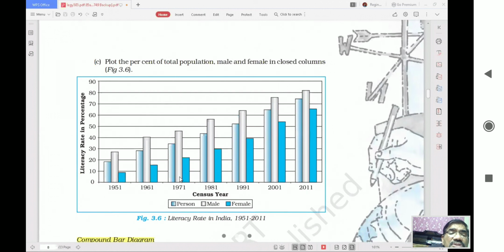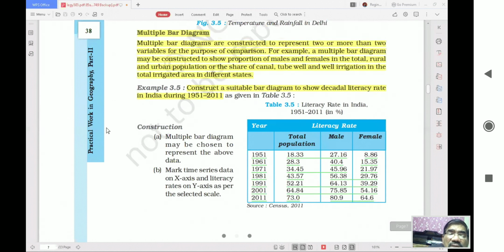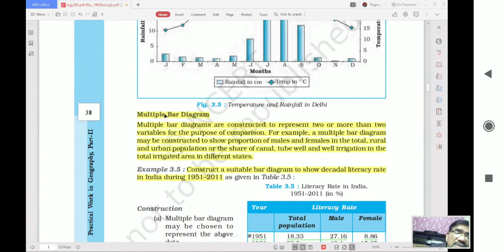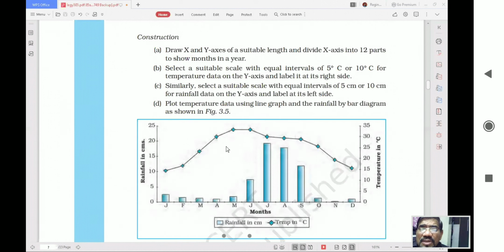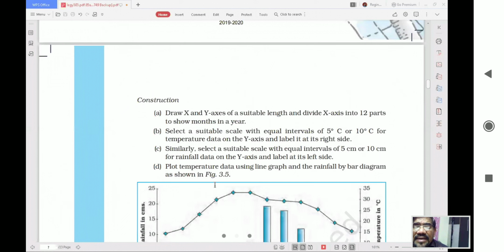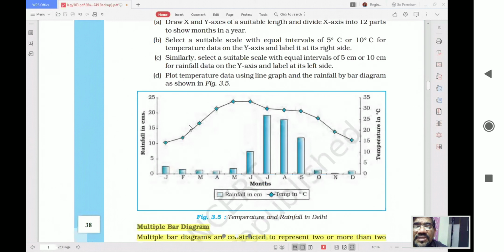Before this, you were studying the multiple bar diagram, in which there were three bars shown together. And what is the name of this particular one? It is also called a climatic diagram, because it shows temperature as well as rainfall. Temperature is shown by a line, and rainfall is shown by bars.